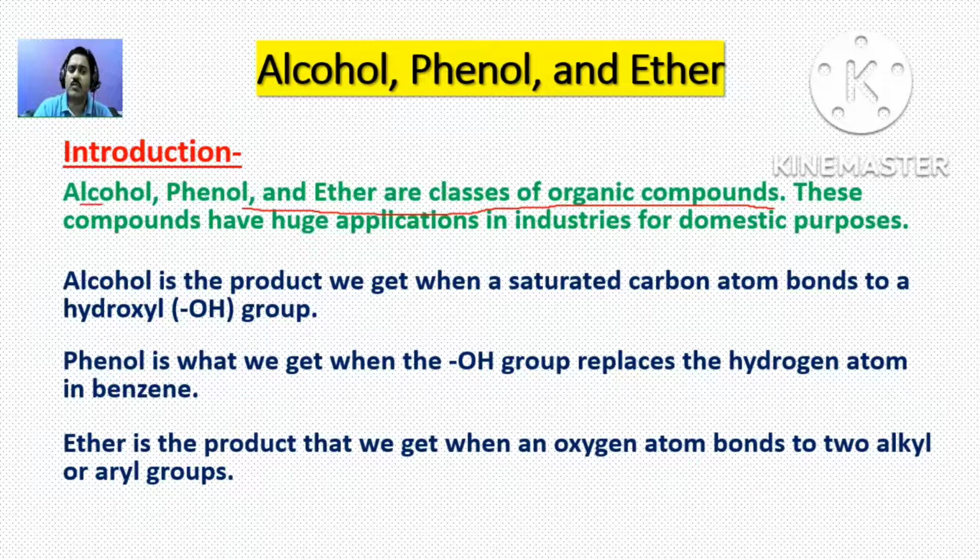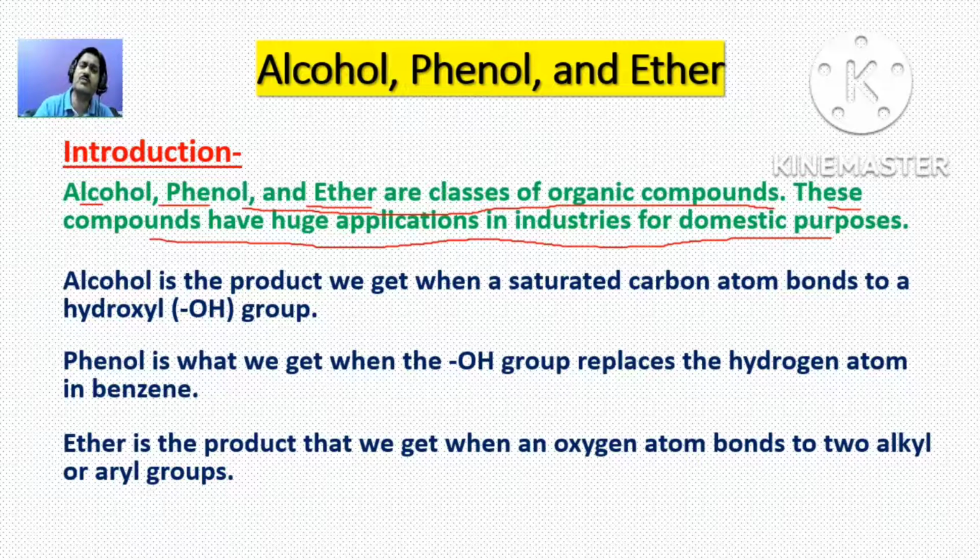Alcohols, phenols, and ethers all have carbon in their composition, so these are organic compounds. These compounds have huge application in industry and for domestic purposes. They are utilized in medicine, in cleaning agents, etc., which are used in our homes.